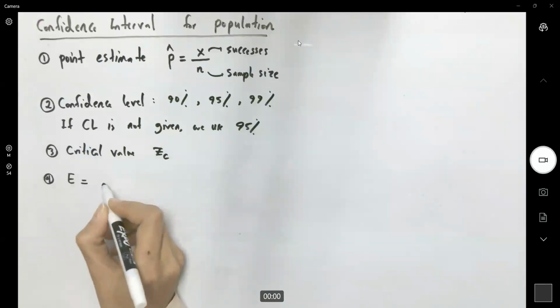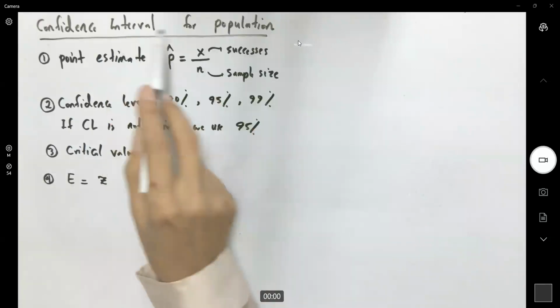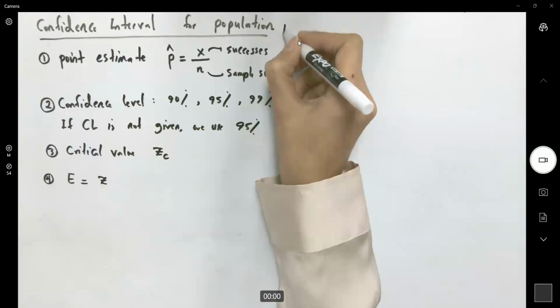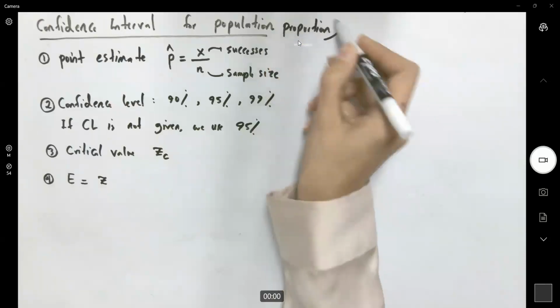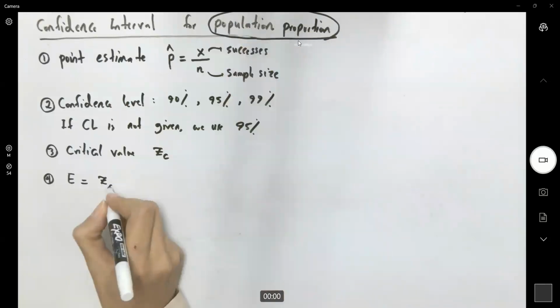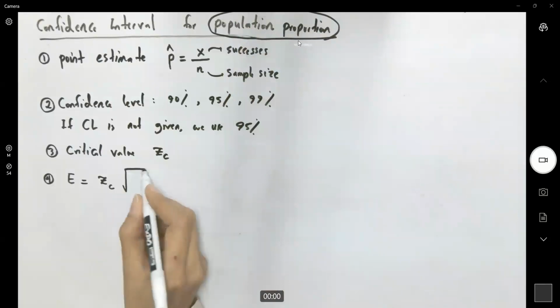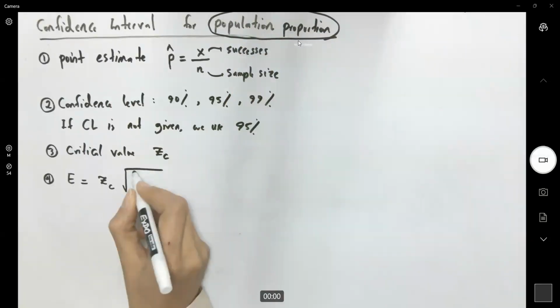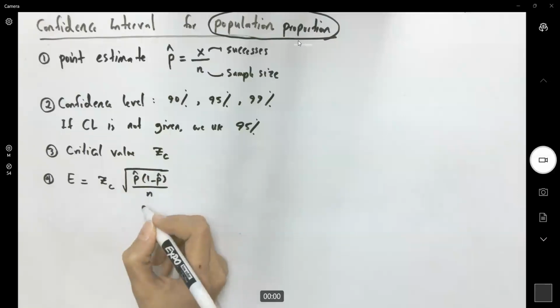When we're dealing with confidence interval for population proportion, this is our goal. The margin of error is ZC, the critical value, times square root of p hat (1 minus p hat) divided by n.